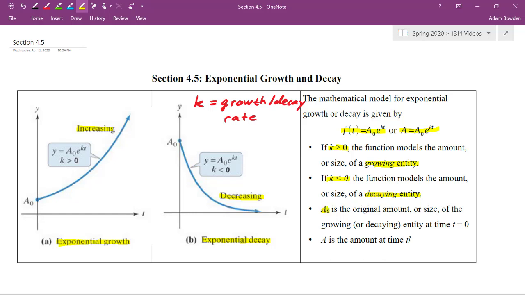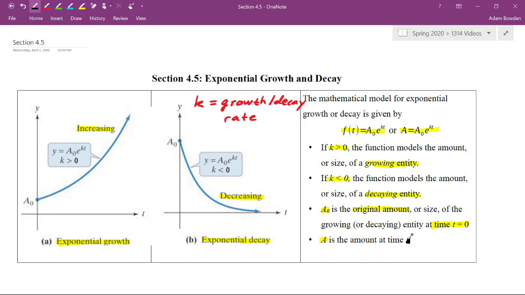A naught, A with a little 0 next to it, is the original amount of the quantity of the entity, whatever it may be, population or so forth, the original amount at the starting time t equal to 0. And then A is the future amount at time t.